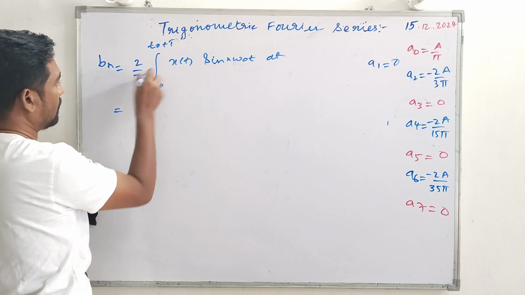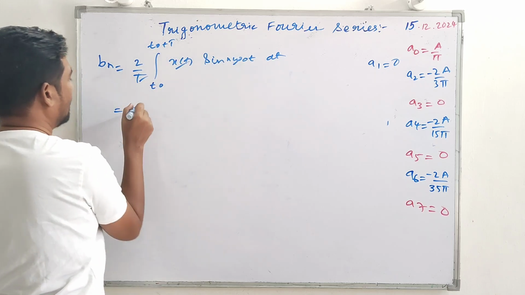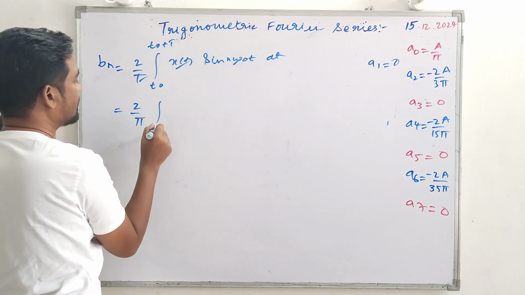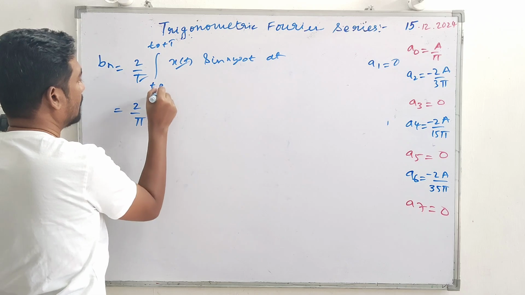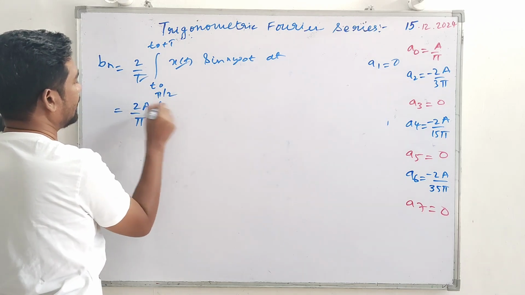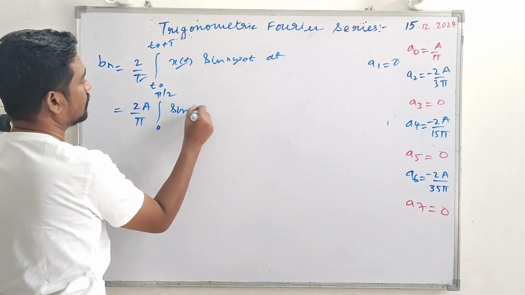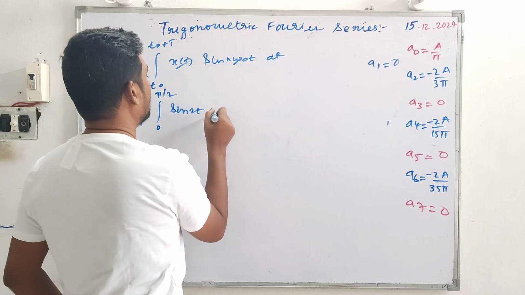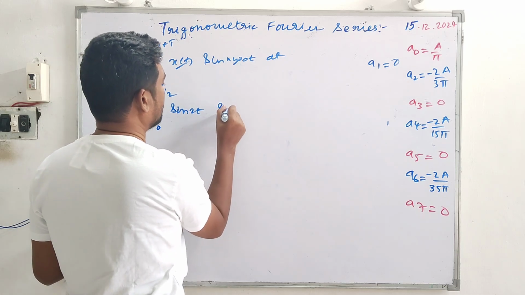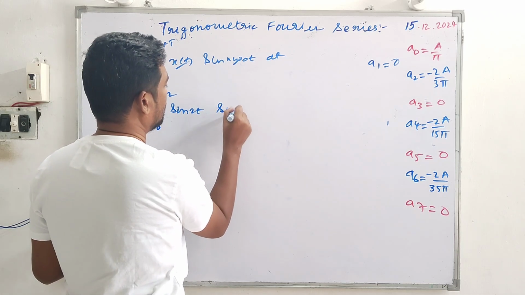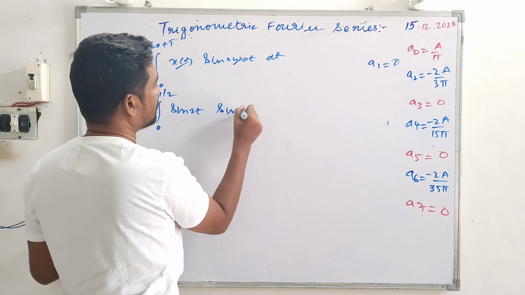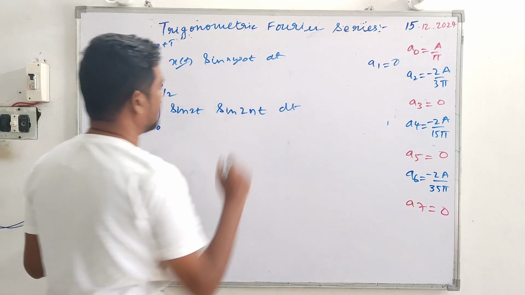The changes are for this and this: 2 by pi, integration is from 0 to pi by 2, X of t is a sine 2t, and sine n omega naught, which is 2t, dt.